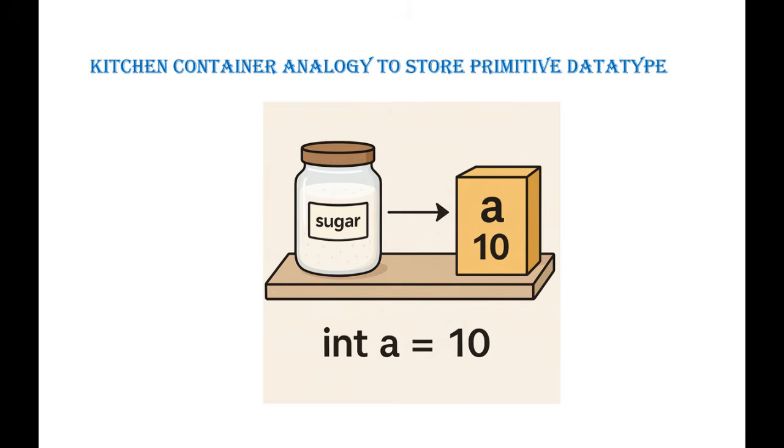In a similar way, we have a container named A, a variable, inside which I store a value of type int, and its value is 10. So we store the value 10 inside a variable named A. As you understand how to store a primitive data type, let us understand how we are going to work with a reference data type.